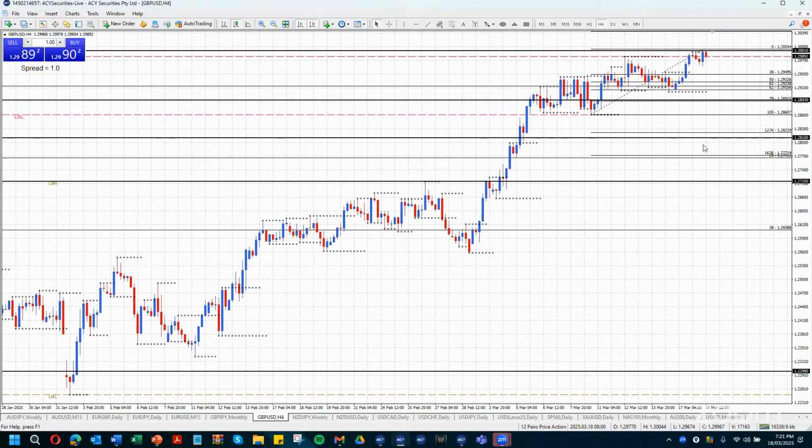But our price would obviously need to have a nice healthy dip. So, when price is so high in its strong trending move, it's very difficult just to be buying at the top of the move. I always like to look for a dip.